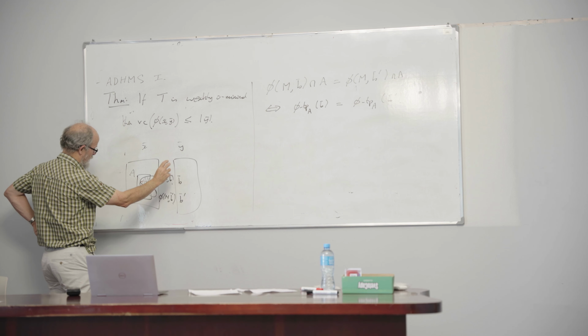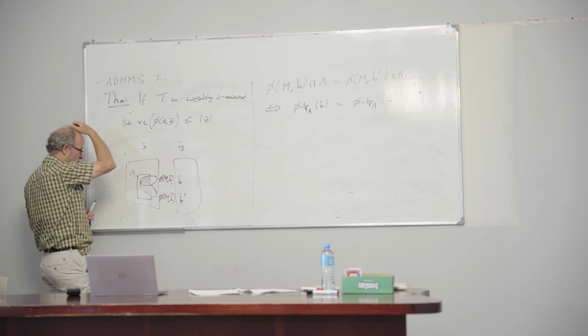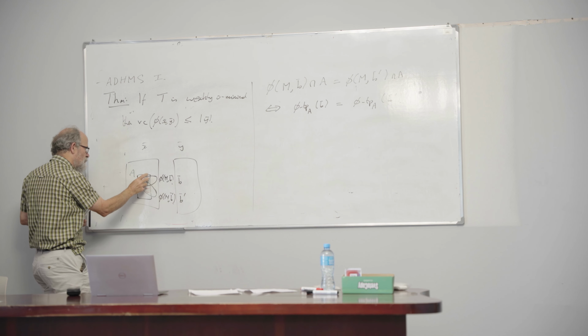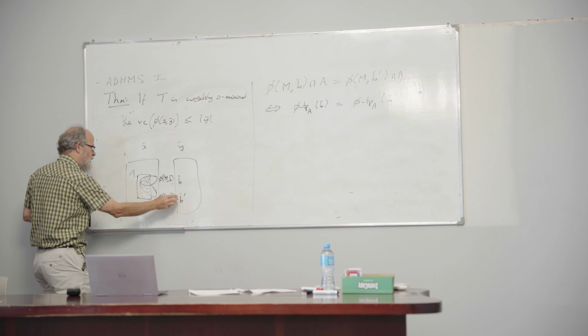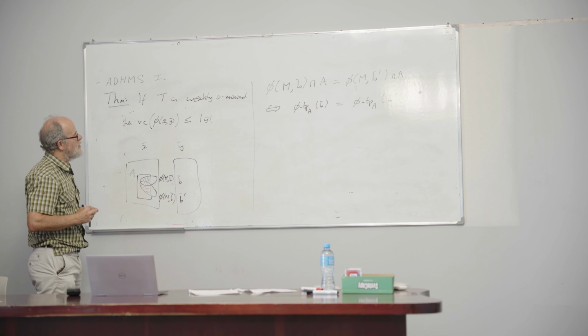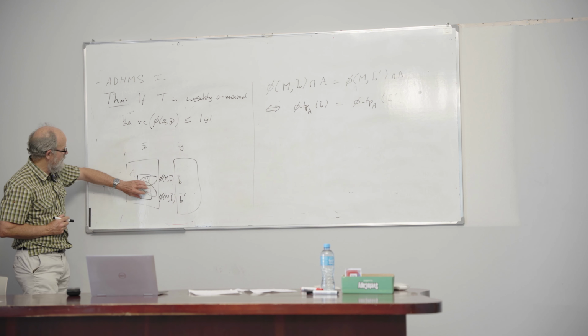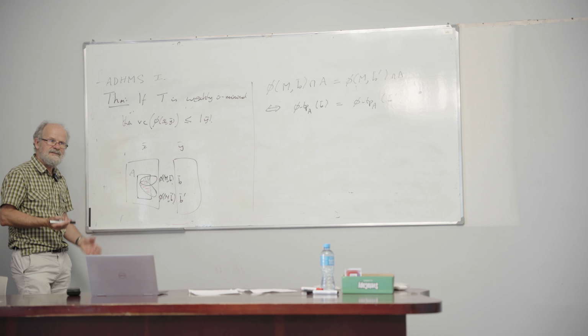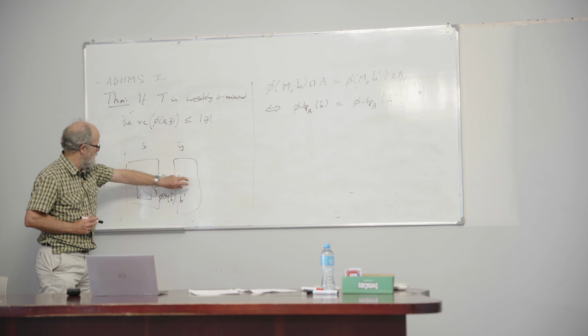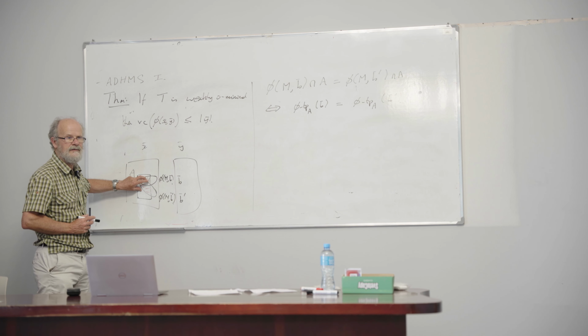So b bar picks out the same subset of A as b bar primed. If you want to calculate the number of intersections, it's very similar to counting phi types over A.